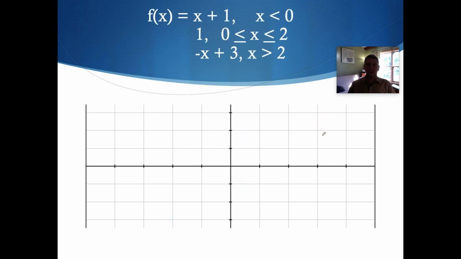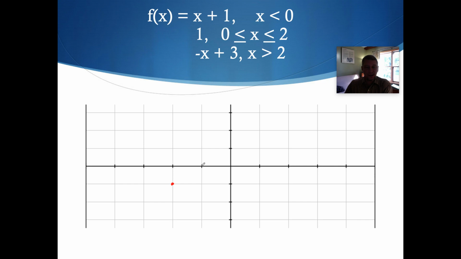Now, the third example gives us a bit of trouble. And I couldn't get GraphSketch to actually draw this, but we know that if x is less than 0, we're going to use the formula x plus 1. So if x is -2, y is -1.